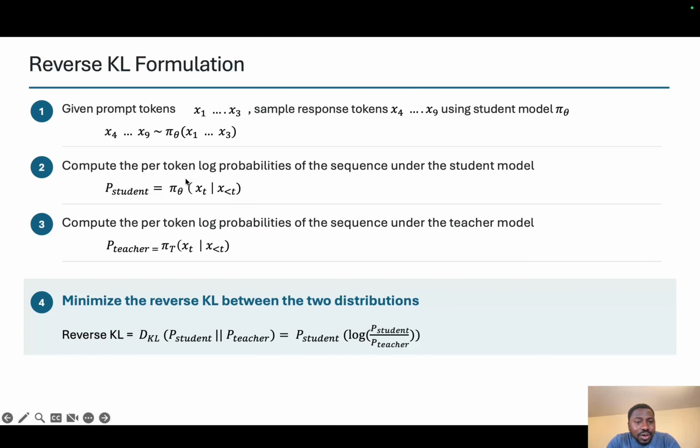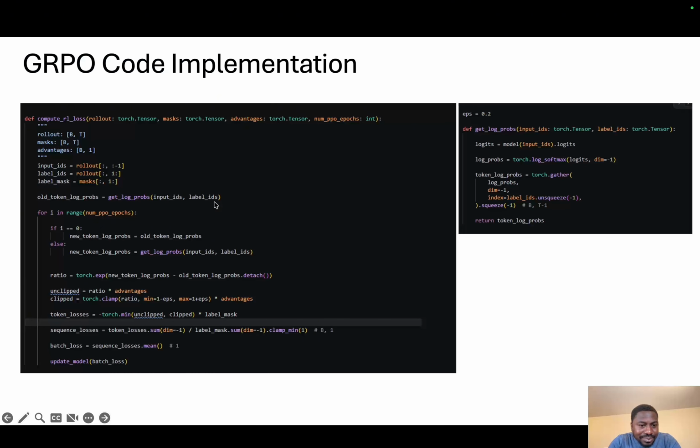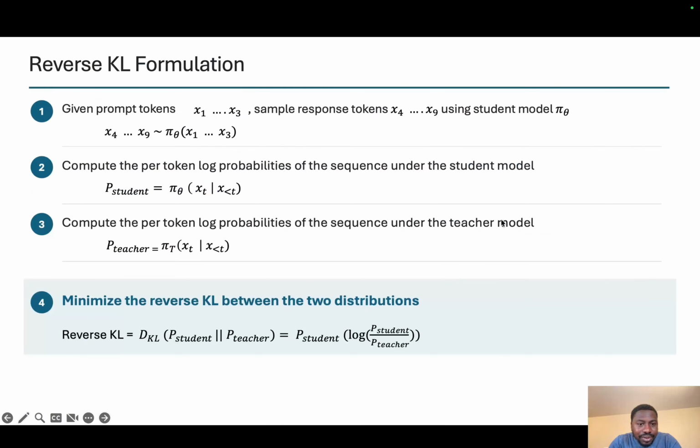What you then do is compute the token log probabilities under the student's model, which is basically this step that we do. Then, using exactly the same trajectory that the student generated, you score it under the teacher. You want to minimize the reverse KL between the distribution under the student and that of the teacher.